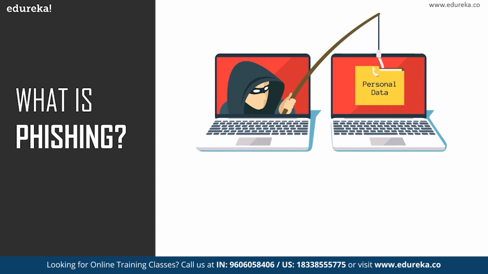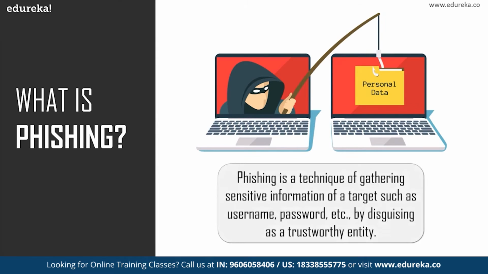So this psychology is what hackers take advantage of in phishing attacks. Hackers take advantage of this trust factor and fake themselves as a trustworthy entity to steal your sensitive data or your personal data. So phishing is an attack of gathering sensitive information of a target, such as username, password, email ID, or other sensitive information, maybe your bank details, your credit card or debit card details, by disguising themselves as a trustworthy entity.